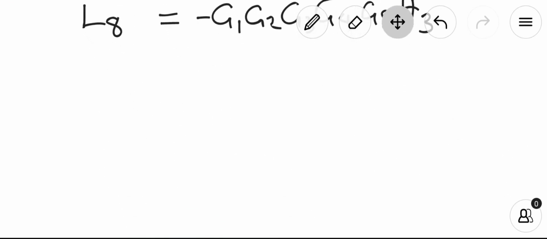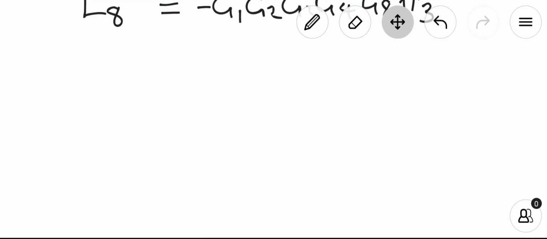We can now find the determinant from here. The determinant, there's something else you need to know.